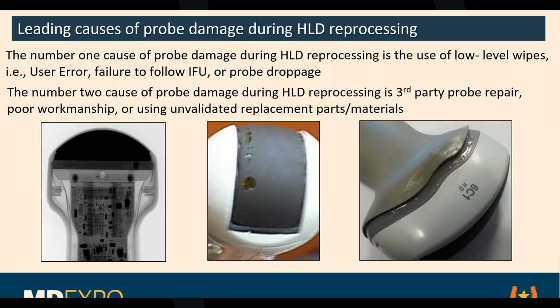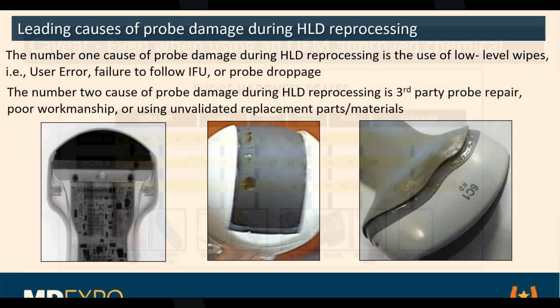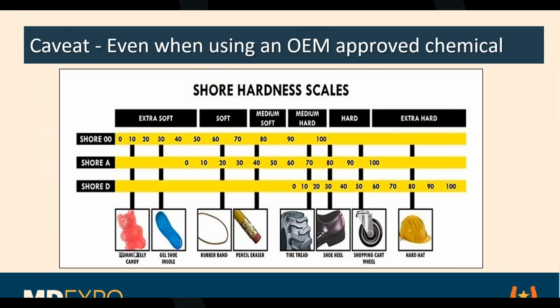So the number 2 cause of probe damage, like I was saying, is third party, and it's either poor workmanship or using unvalidated replacement parts and materials. On the lens of a probe, and all of you have seen the lens of a probe, it's made from an RTV type of material, room temperature vulcanization, and it goes into categories of Shore hardness strength.